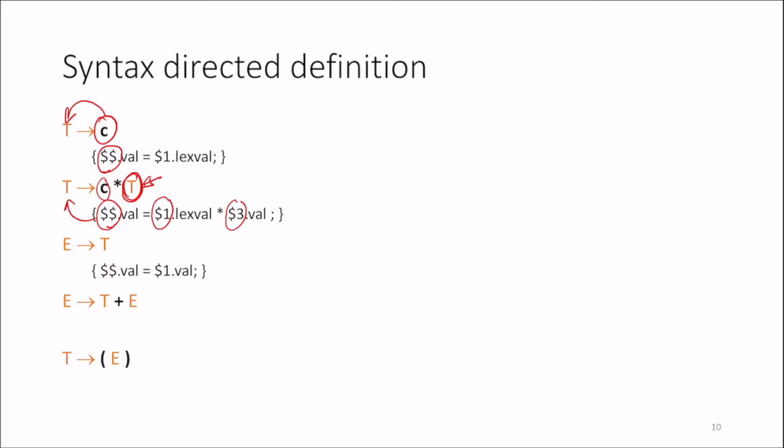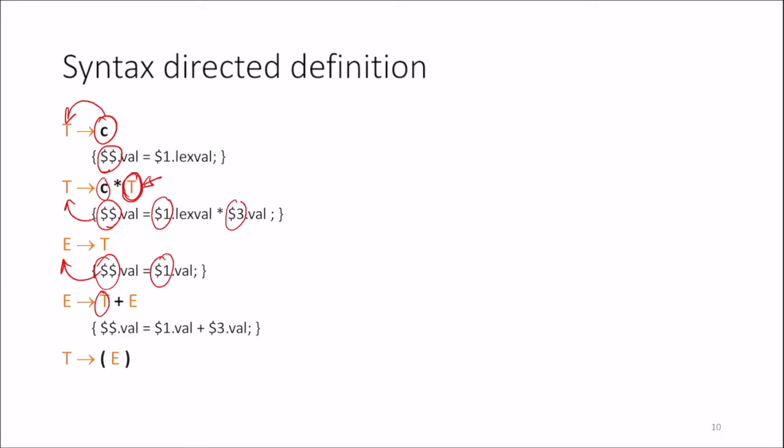So for each rule, we need some kind of action that is going to help us decide what to do and how to compute the attribute for the root node recursively. So in this one, this is fairly straightforward. We just pass over the value of T over to the left-hand side E. And then this one is also pretty straightforward.